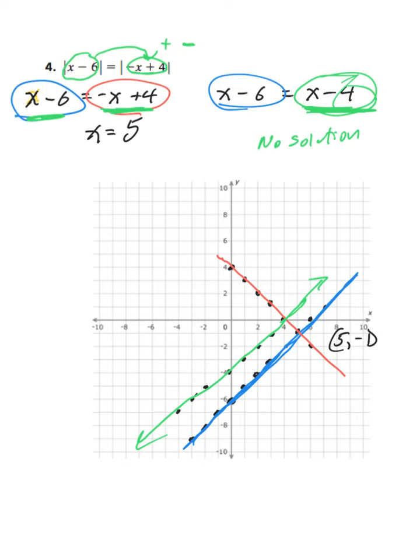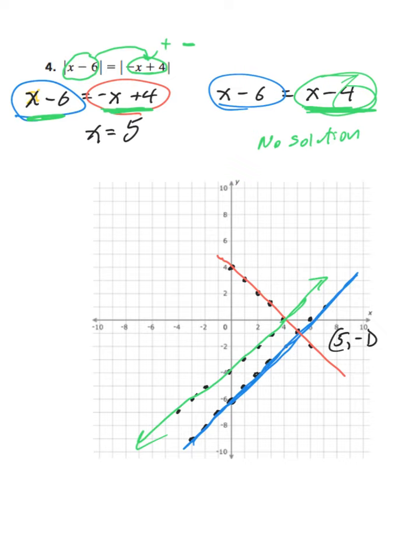We write the two equations, we graph them, we get the x values of the intersection, and in this case, one doesn't give us a solution, but the other one does. You're right, we're only looking for intersections with the blue line, right?